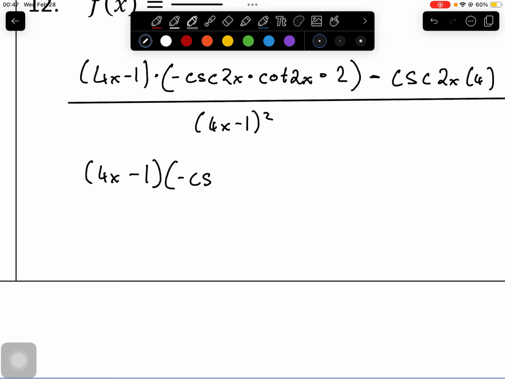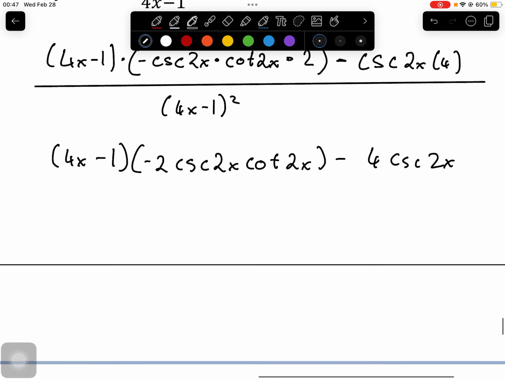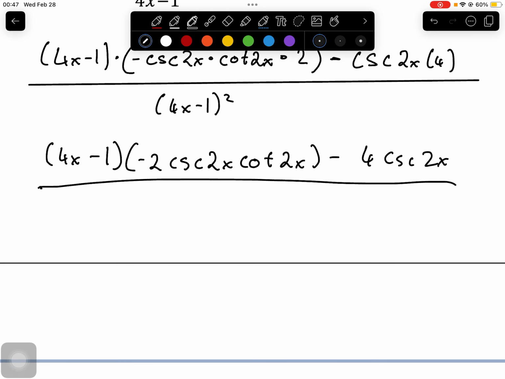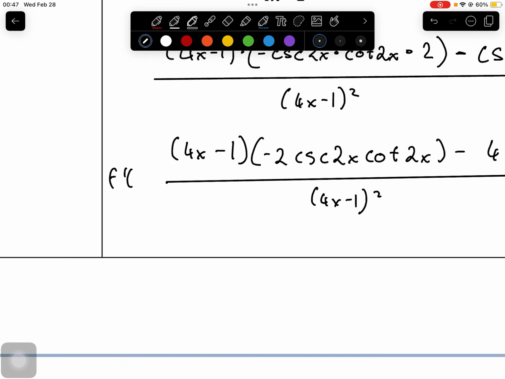After I write mine, I might pull that 2 to the front: 2x cotangent 2x, parentheses, minus 4 cosecant 2x, all over parentheses 4x minus 1 squared. Don't forget to write that down.